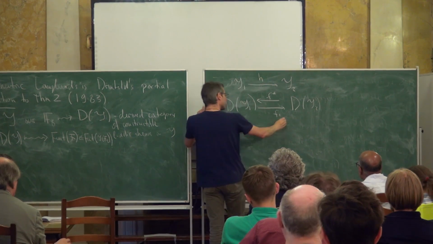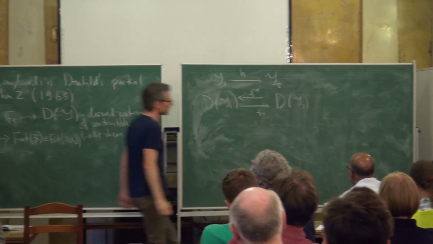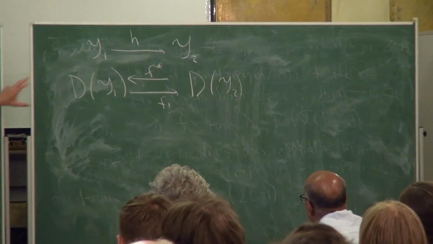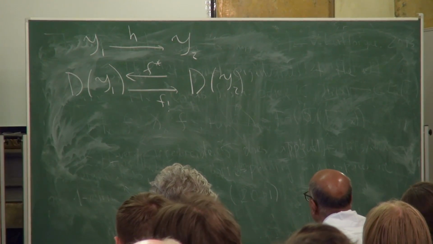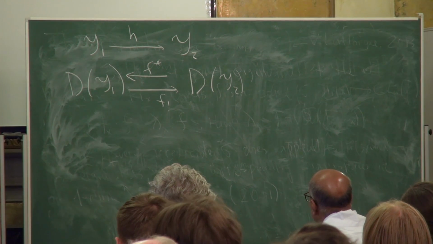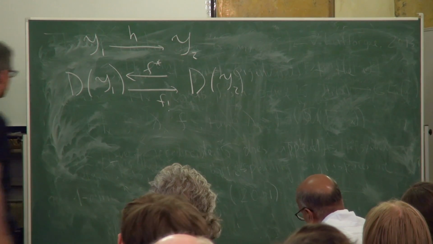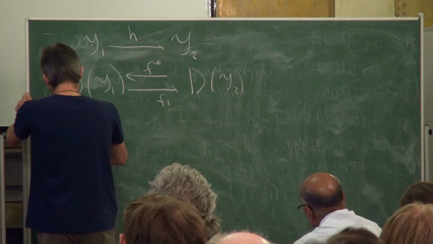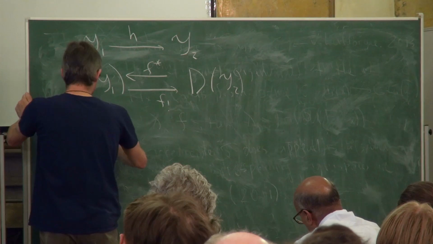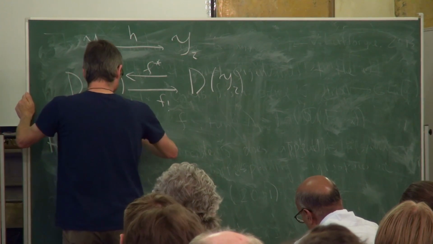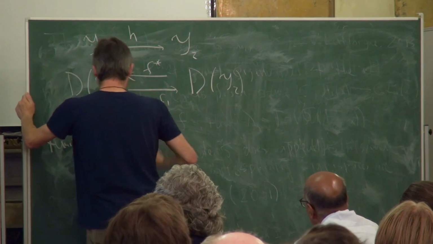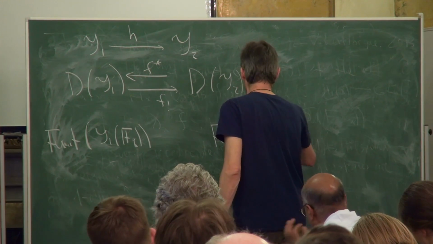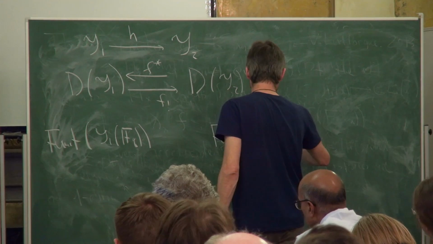So if you're familiar with these operations in topology, these are very close analogs. Note that I wrote as if these functors are adjoint. In fact, they're not adjoint. Okay, so this is on the one hand. On the other hand, well, something we already used, you consider the space of functions on F_q points of Y1 and the space of functions on F_q points of Y2.